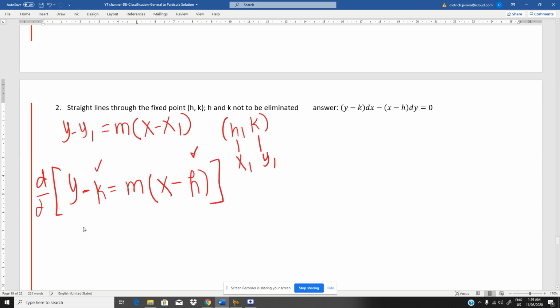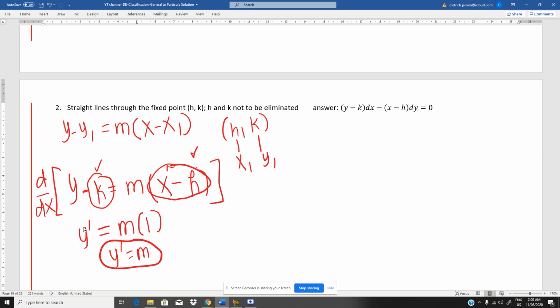We will have y prime minus 0 is equal to m multiplied by the derivative of x minus h. The derivative of x is 1, and the derivative of h is 0. So we will have y prime is equal to m.